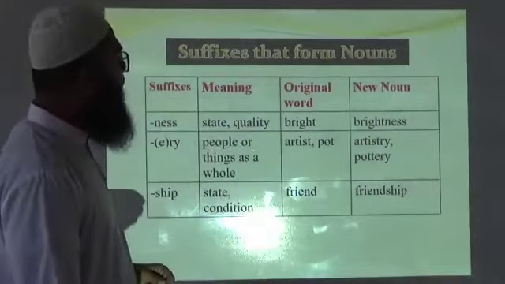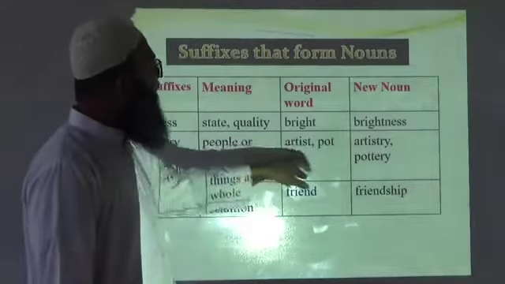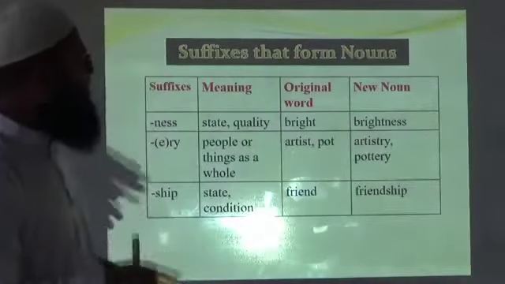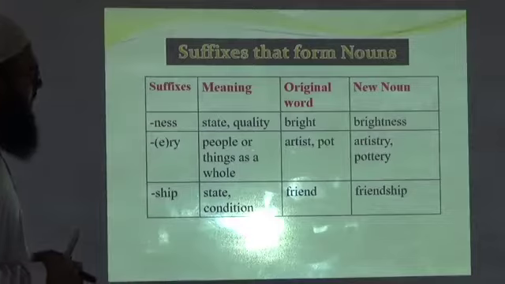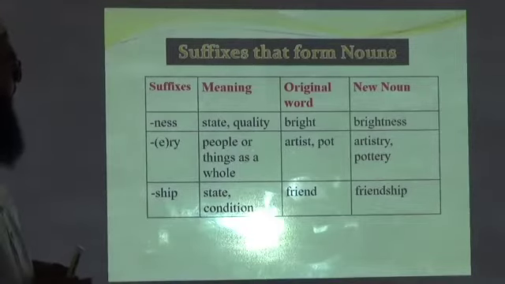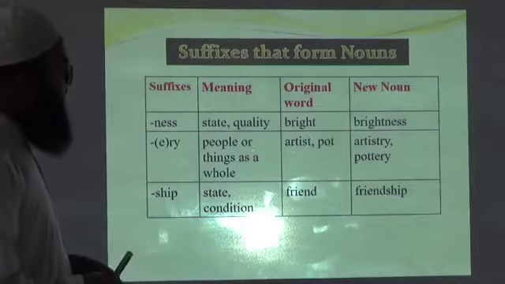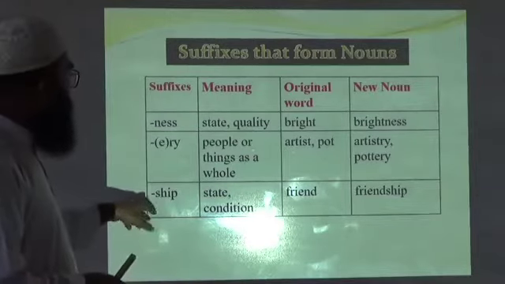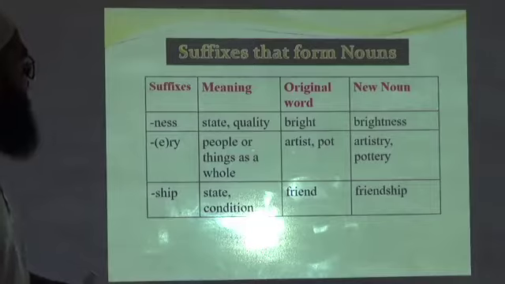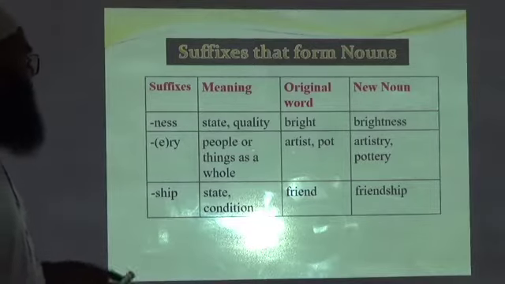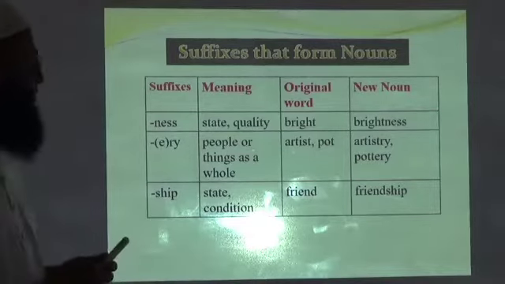Like that, artist to artistry. That means those people who are attached to art. Noun, artistry. Pottery. SHIP, state, condition. Friendship, the relationship.